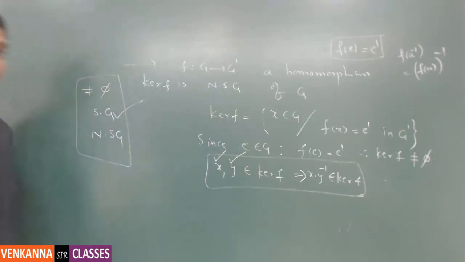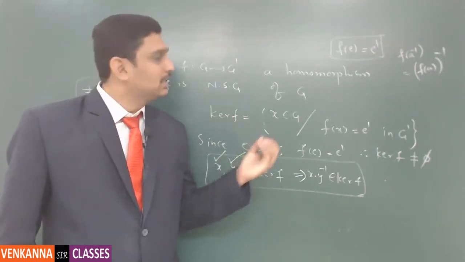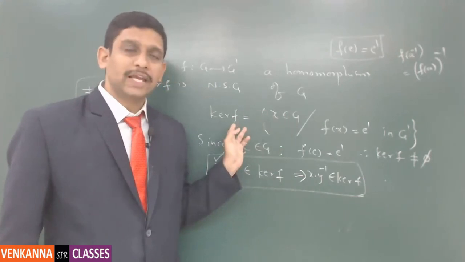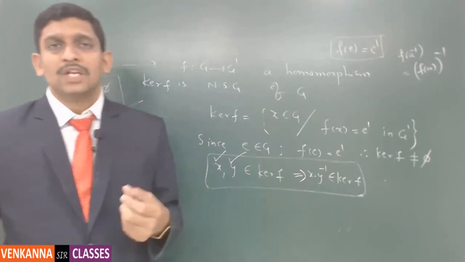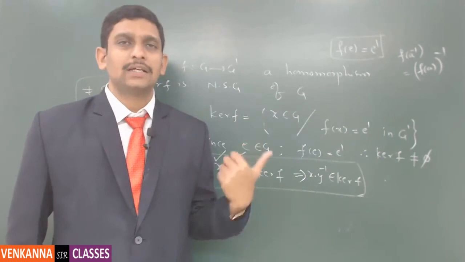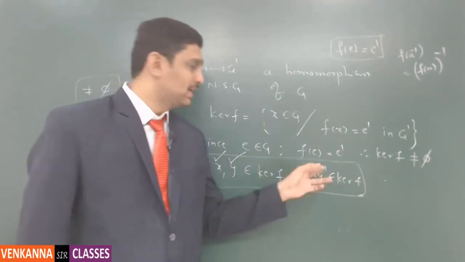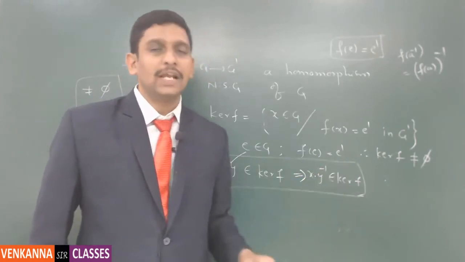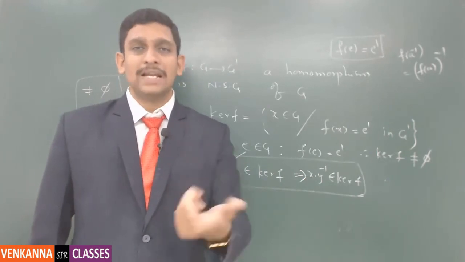Now let us take x and y in the kernel. Observe the definition of kernel. If I want to show that an element a belongs to the kernel, its image must be identity. Similarly, if I want to show that x y inverse belongs to the kernel, its image must be identity.